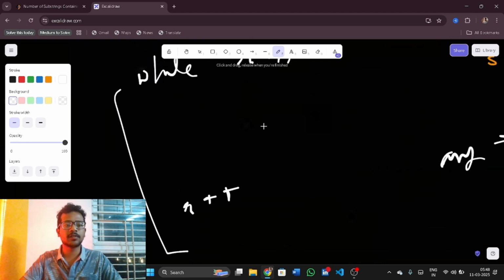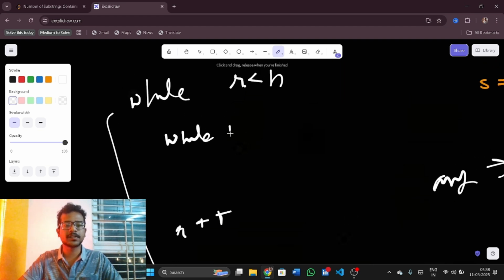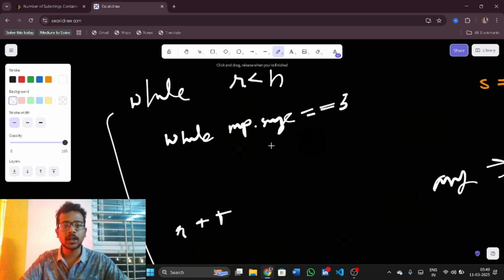So that's why while MP dot size is equal to 3, then I need to increment my left pointer.